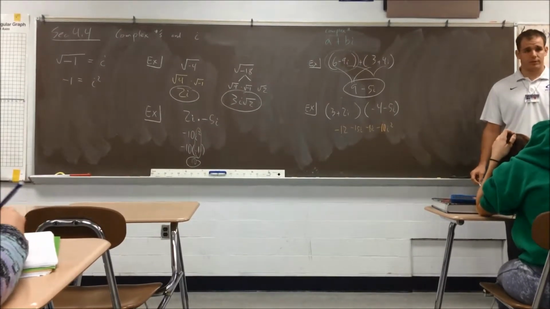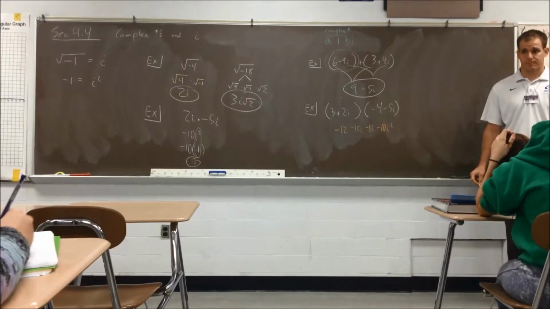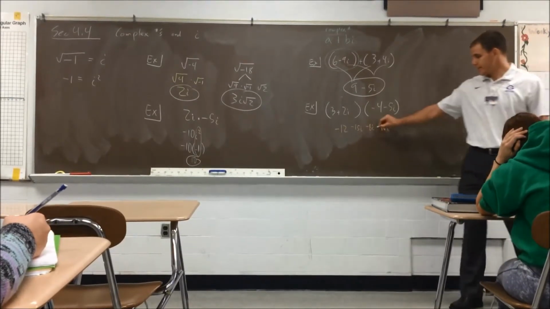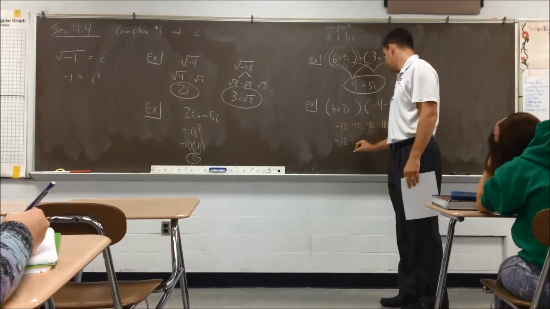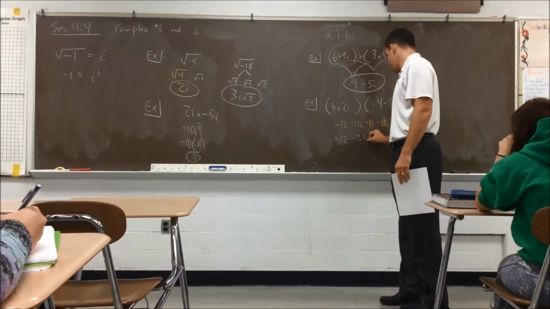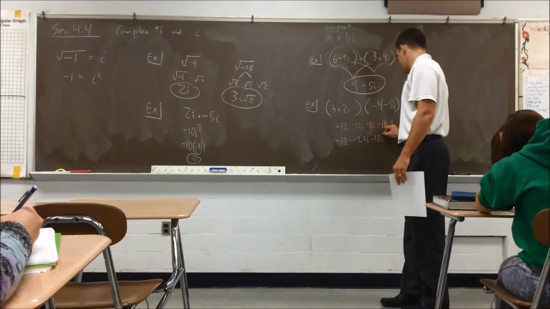Check out what you have so far. So far, so good. We can combine these, right? So negative 12 minus 23i minus 10i squared.